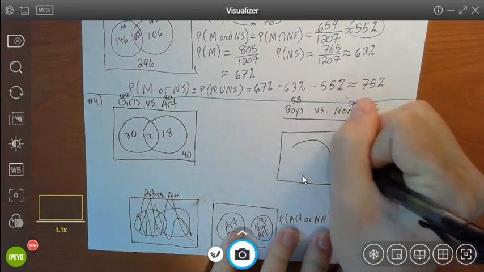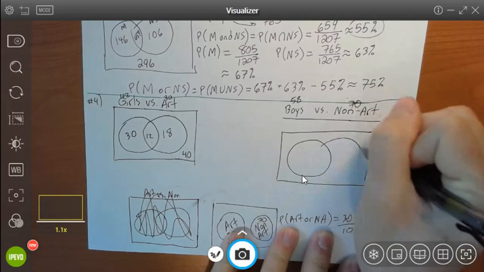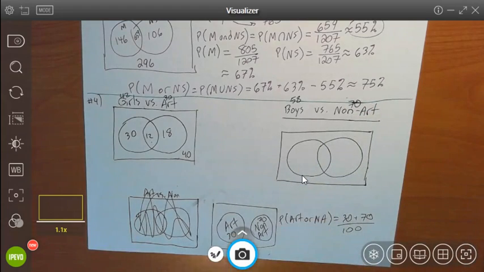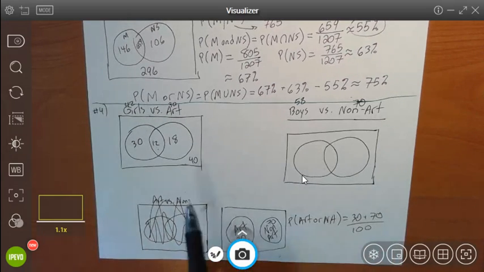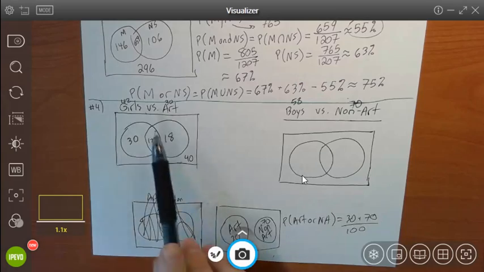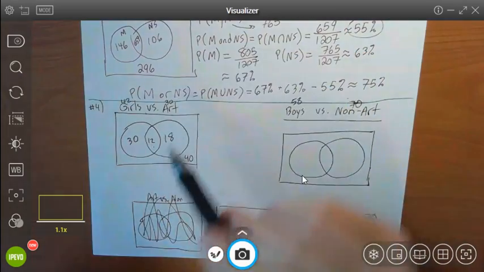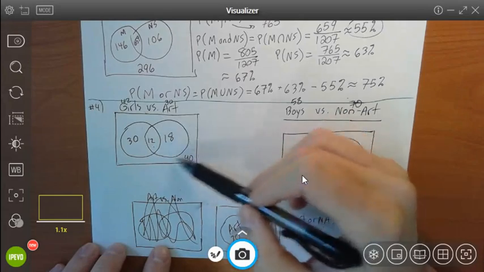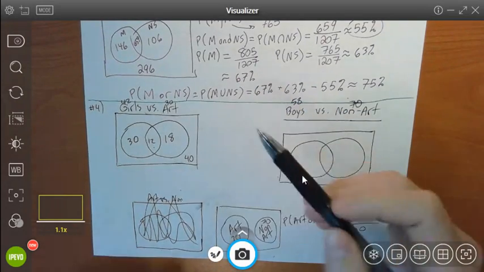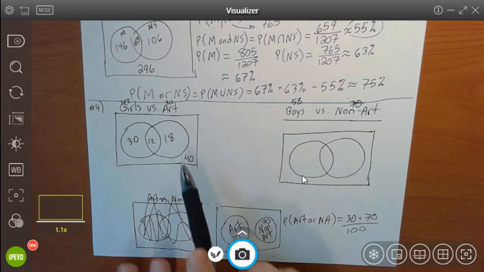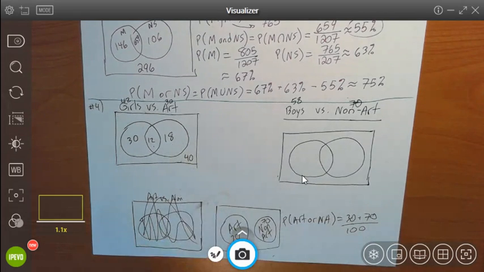So we have a boys circle and a non-art circle. So we need to figure out how we could find some of these probabilities. So we know a couple things to start off with. If we look over at our probability over here, we have 30 total art students, and I know there are 18 art students that are not girls.